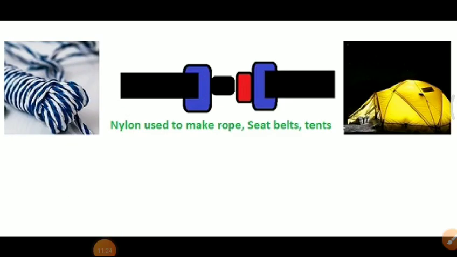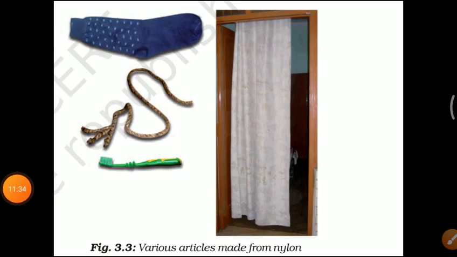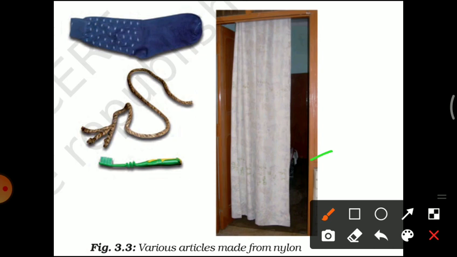Here are the pictures of some articles made of nylon, that is rope, seat belts and tents. We use many articles made from nylon such as socks, ropes, tents, toothbrushes, car seat belts, sleeping bags, curtains, etc. In this picture also various articles made from nylon are shown, which are socks, curtains, ropes and toothbrushes.